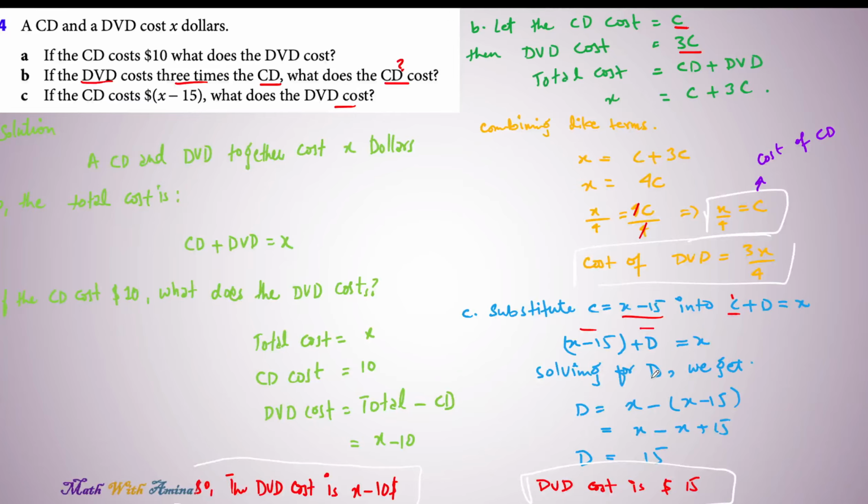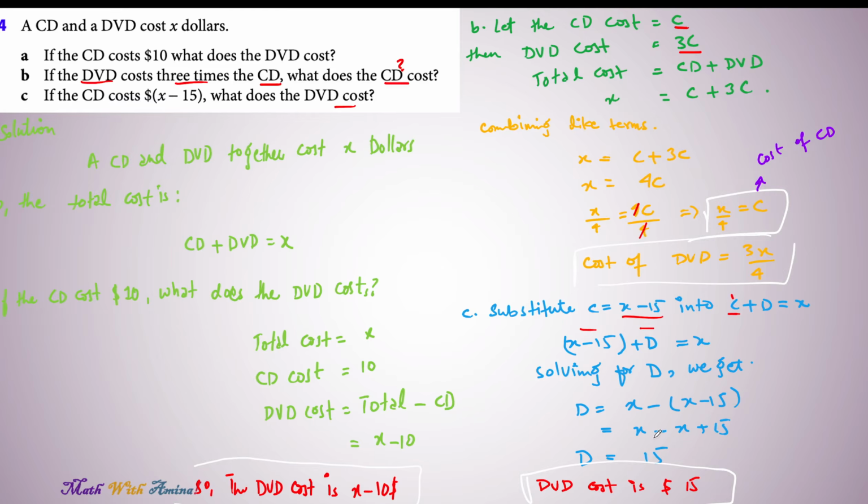Since we are solving for the cost of the DVD, we subtract X minus 15 on both sides, so that we can get rid of X minus 15 from the left hand side. Subtracting and adding the same terms, they cancel each other on the left hand side, and on the right hand side we get X minus (X minus 15).